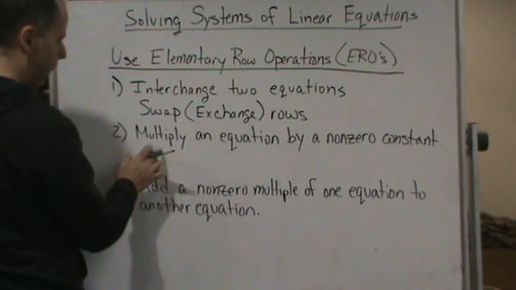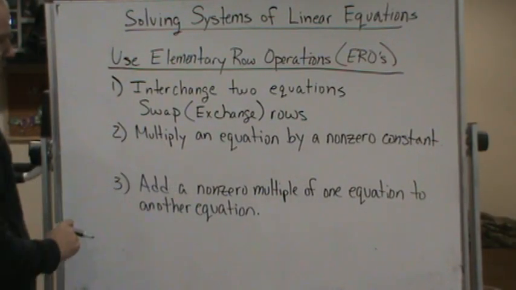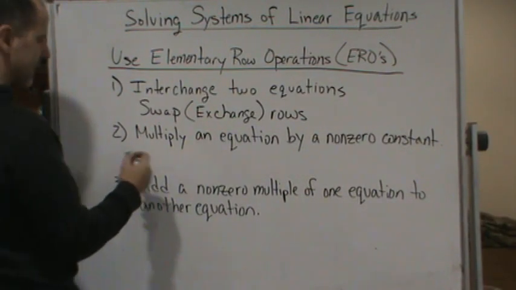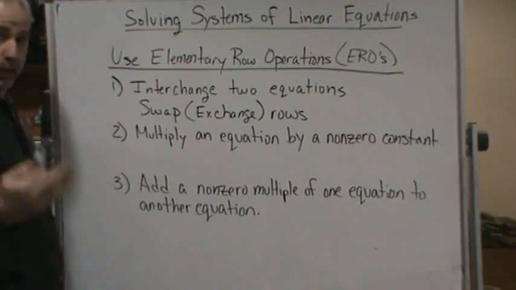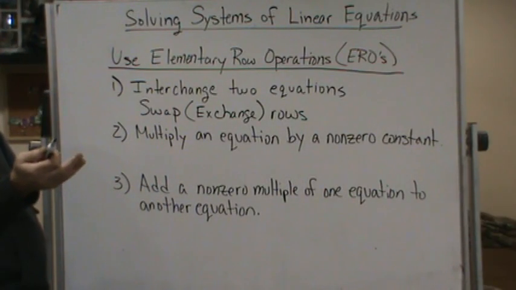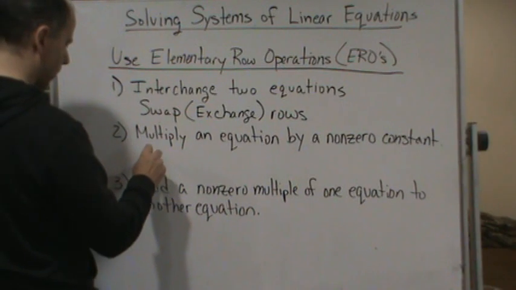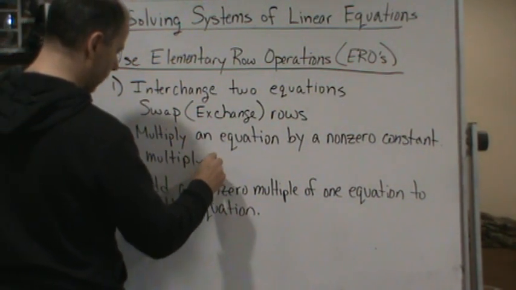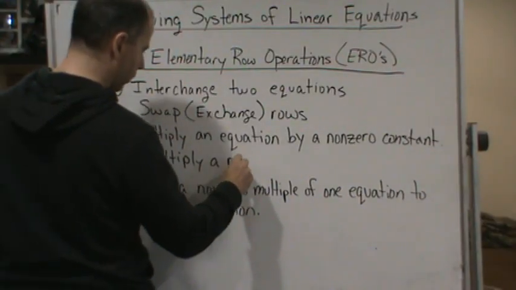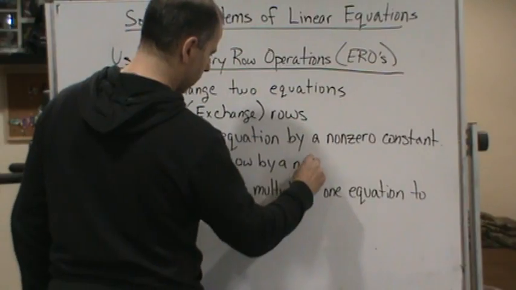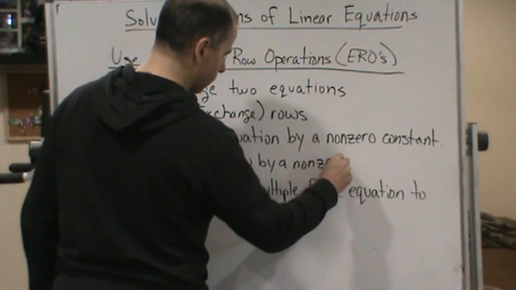The other elementary row operation, that corresponds to number 2 here, is that we can multiply a row by a non-zero constant.